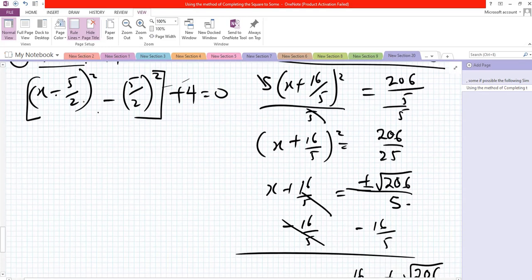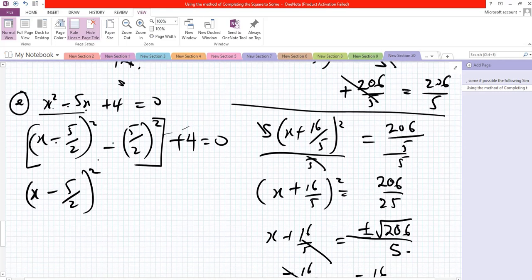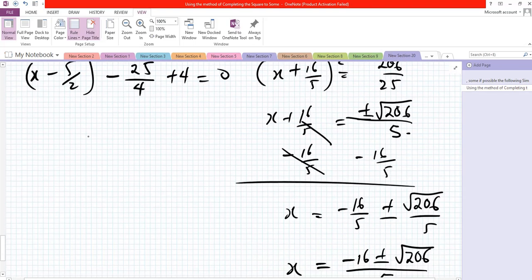So now if you do completing the square method of this, now you have x minus 5 all over 2 all squared. Now you know the way to do the completing square, since here is minus, here will be minus. If here is plus, here will be plus. Then this is a constant, so you have minus 25 all over 4 plus 4 equal to 0.